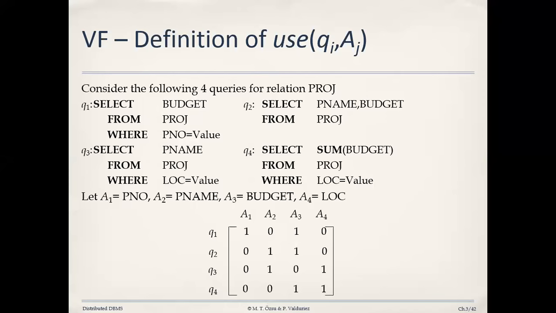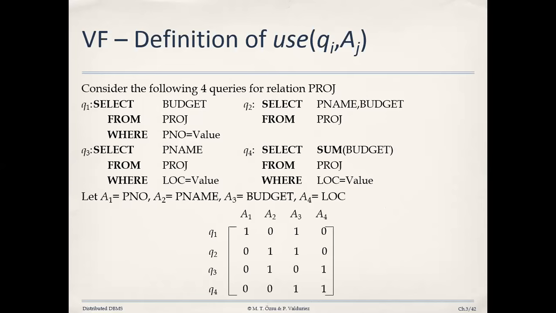So when we develop the matrix, there are four queries on the left hand side, Q1, Q2, Q3 and Q4, and on the top there are four attributes, A1, A2, A3 and A4. Now let's take Q1, for instance. In Q1, P number from project is being used.